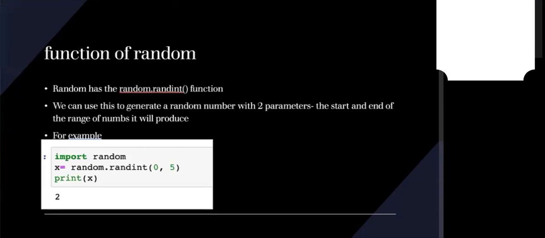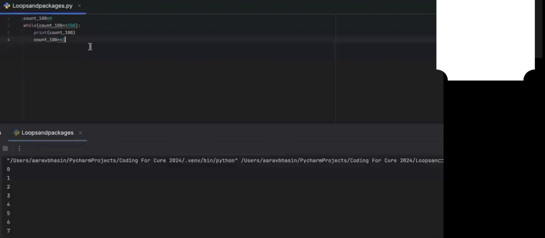So I'm going to do a quick example of this. Let's do this. Import random.